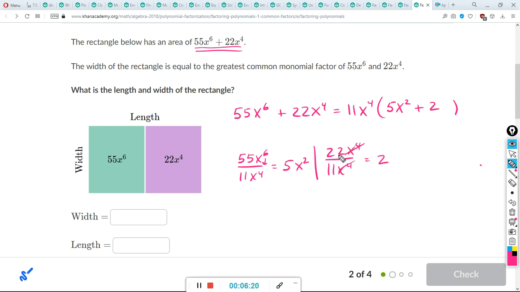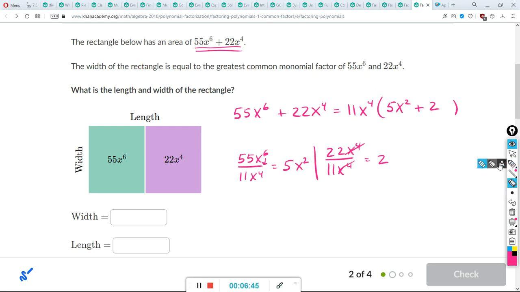So that's it. If you want to check, 11 times 5 is 55. x to the 4th times x squared is x to the 6th, because 4 plus 2 is 6. 11x to the 4th times positive 2 is going to be 22x to the 4th. So that's your answer.